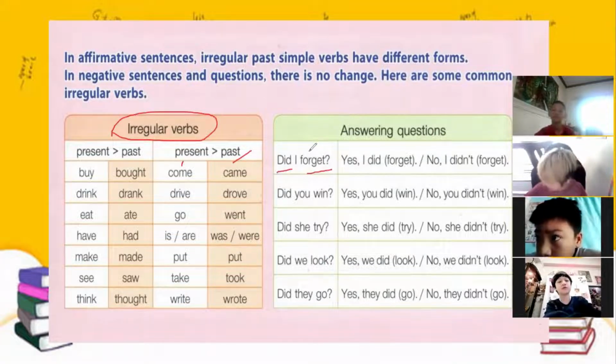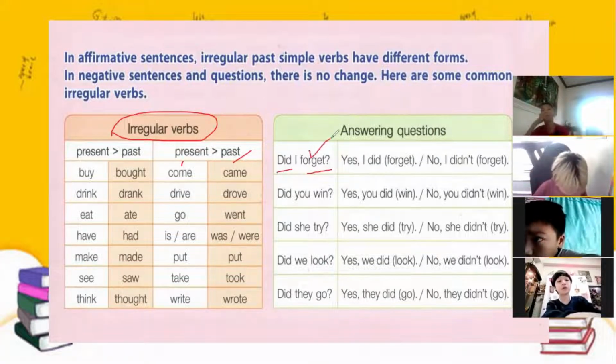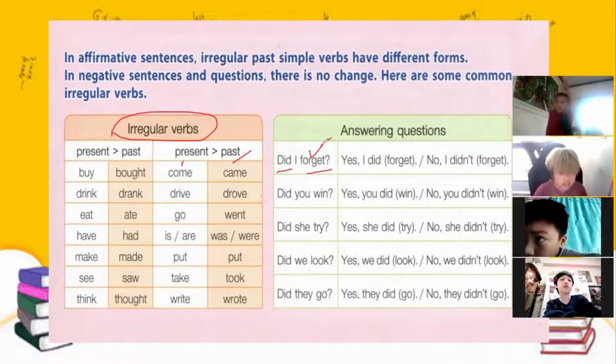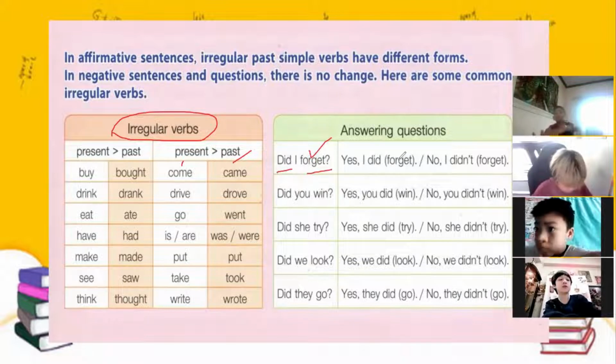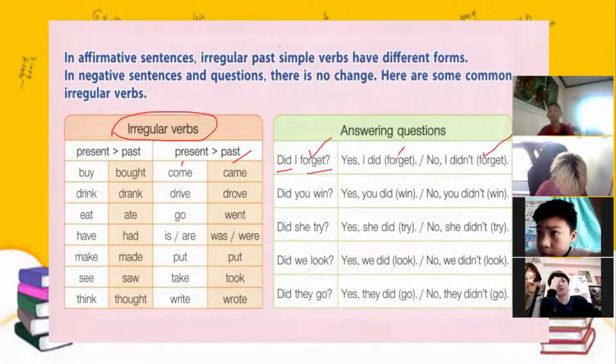So here you can see in the question sentence, forget is unchanged. It is the first form. Did I forget? While in the affirmative sentence, it changes. Yes, I did forget. Or no, I didn't forget.